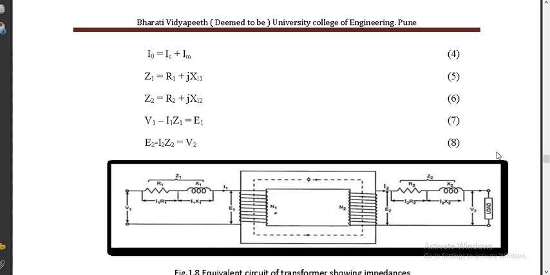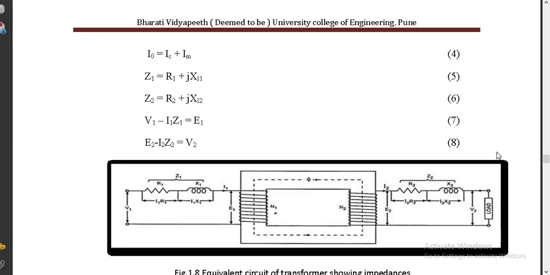But now, when I am considering the winding resistances and winding leakage reactances, it is no more V1 equal to E1, but V1 minus I1 Z1 is equal to E1. Similarly, E2 minus I2 Z2 will give you V2. So V1 minus I1 Z1 is equal to E1 and E2 minus I2 Z2 is equal to V2.